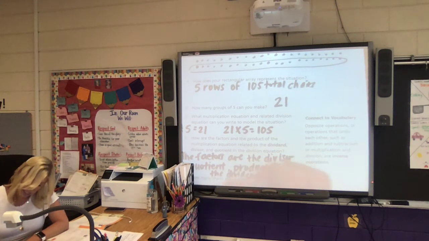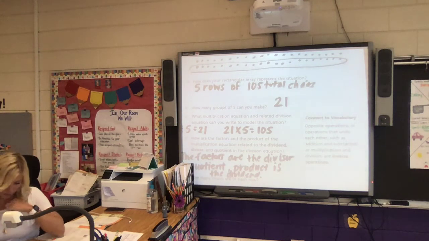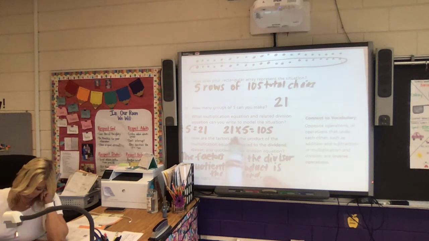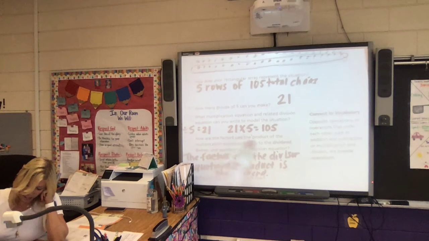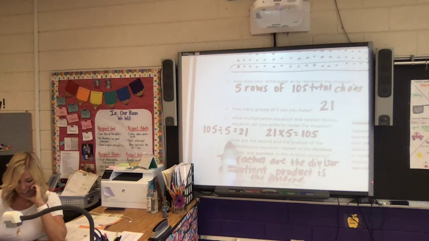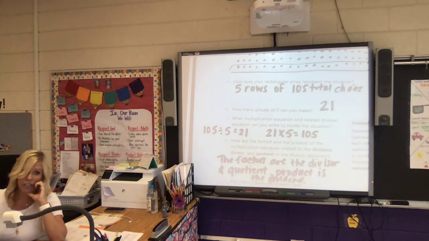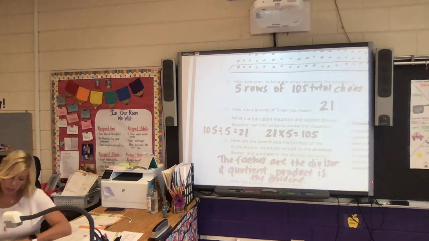So it's just saying what we just did, what we just related right here. When we were multiplying, we had 21 and 5. And they were our factors, 21 times 5. So it's saying that 5 is what you're dividing by, and 21 is your quotient or your answer to your division problem.